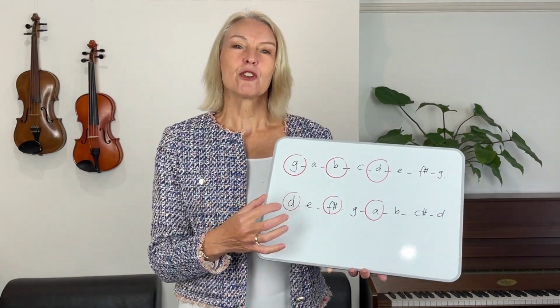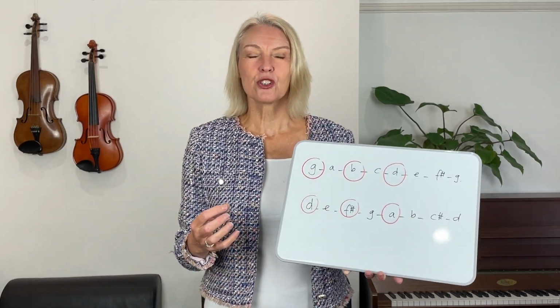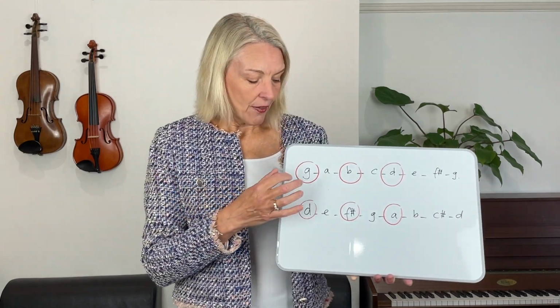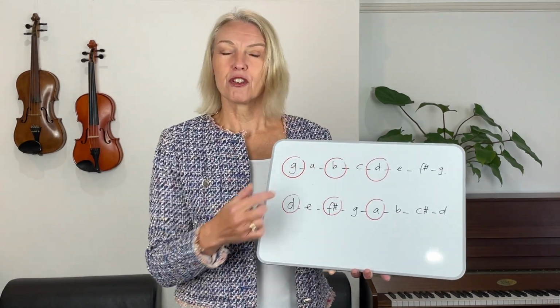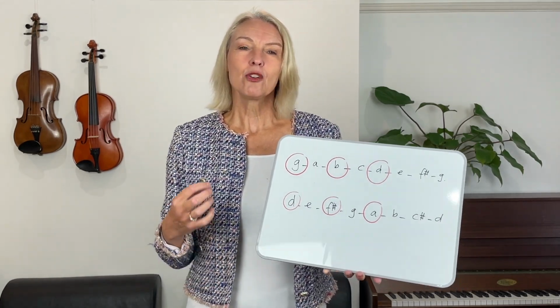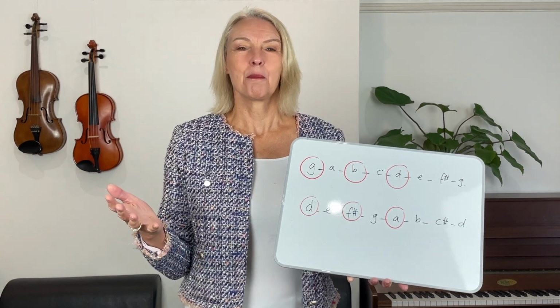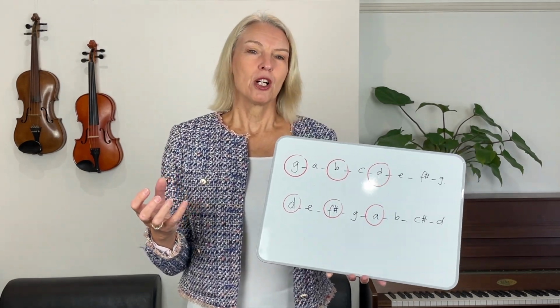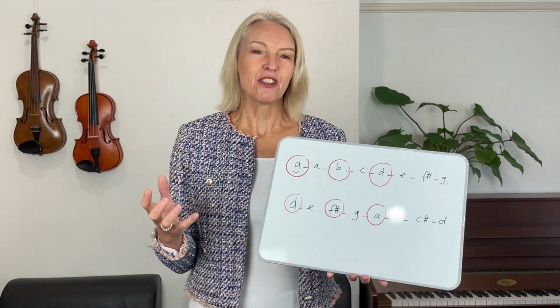Each of those scales can have an arpeggio, and those are just some key notes in the scale. They're the 1st, the 3rd and the 5th note of the scale that are slightly more important than the other notes of the scale. And you could play the arpeggio, and we've seen this in the past, as a sort of shortcut of a scale. It sounds very similar.